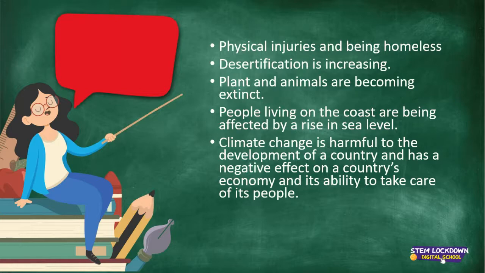And then what we see is then they don't get enough money circulating in the economy, which is detrimental to the people living in the country. So that means they won't have enough resources to take care of the people. There's not enough money in the economy, so people can't take care of themselves. So climate change does affect economies.